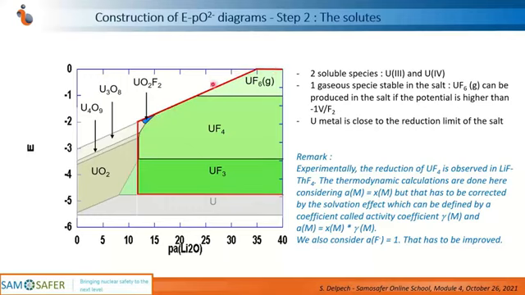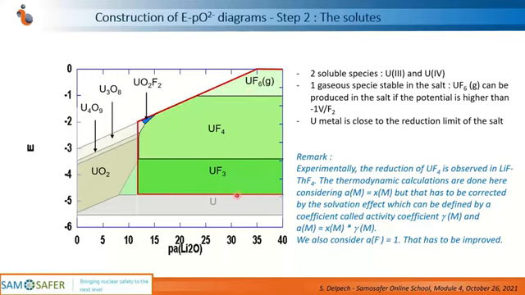And we have to consider only what's happened in the limit defined by our solvent. We observe, in the case of uranium, that we have two soluble species, uranium-3 and uranium-4. At very high potential values, we have a domain of stability for UF6, which is in the gaseous state.